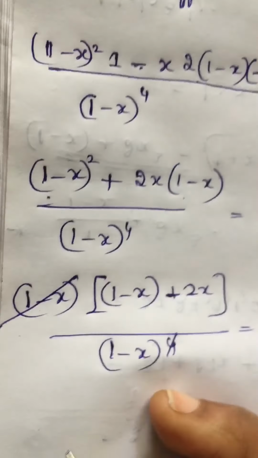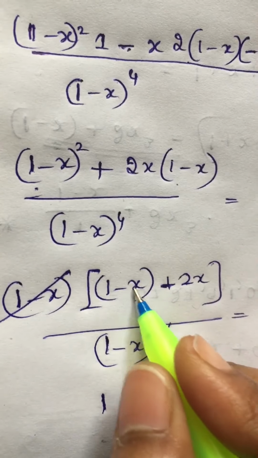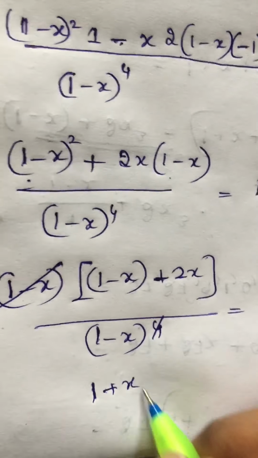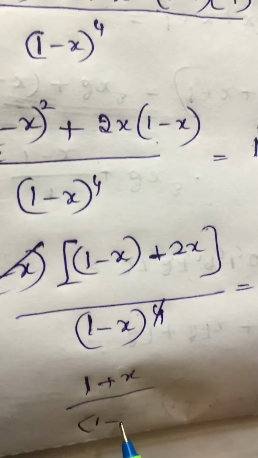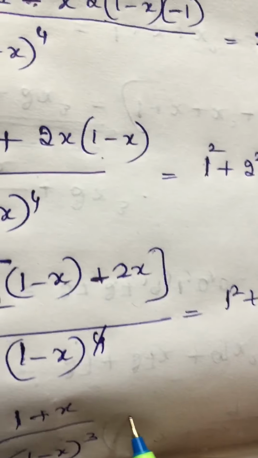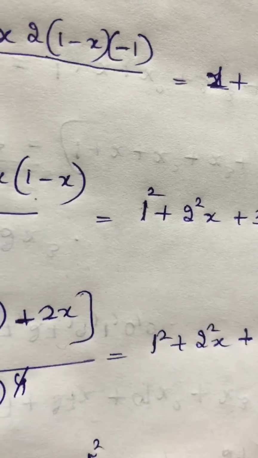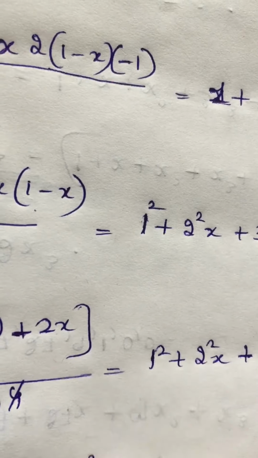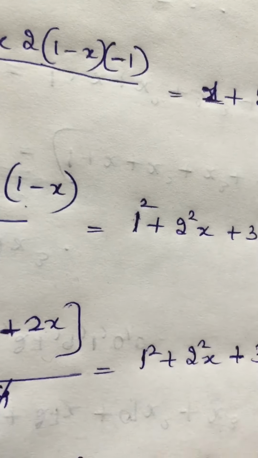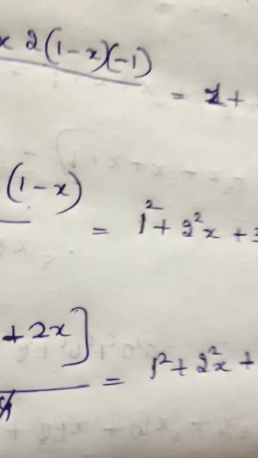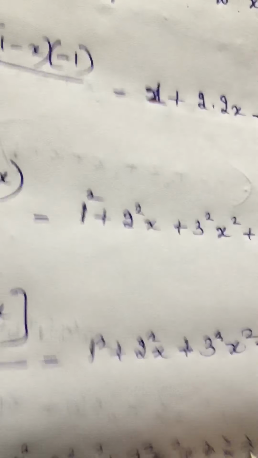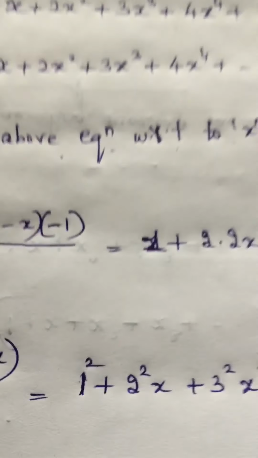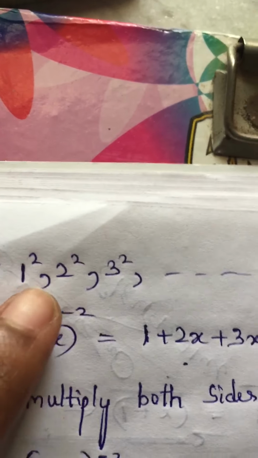Next, what do we get? (1 minus x plus 2x) is (1 plus x), divided by (1 minus x) whole cube. This is equal to 1 square plus 2 square x plus 3 square x square plus 4 square x cube, and so on. This is the generating function for the above sequence.